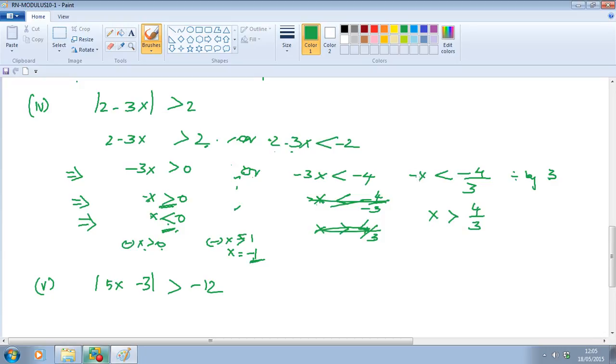If you remove the sign on both sides, x is greater than 4 by 3. That is the answer. So x is less than 0, or x is greater than 4 by 3. That is the answer.